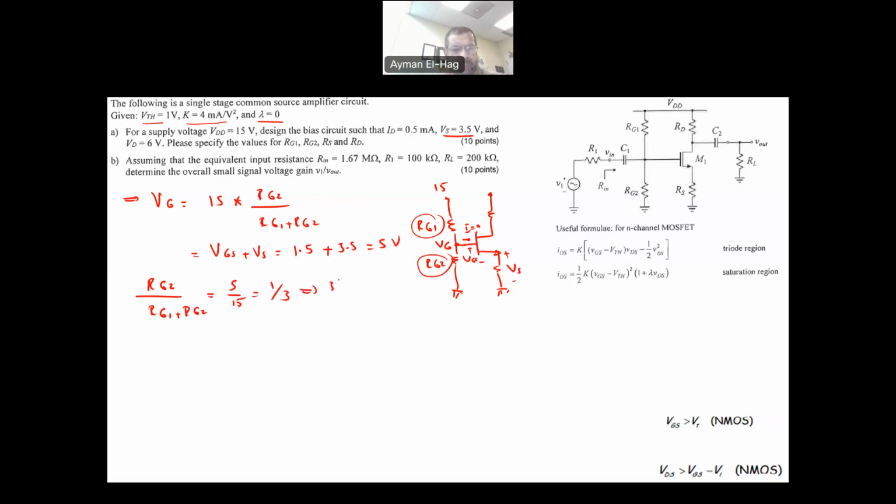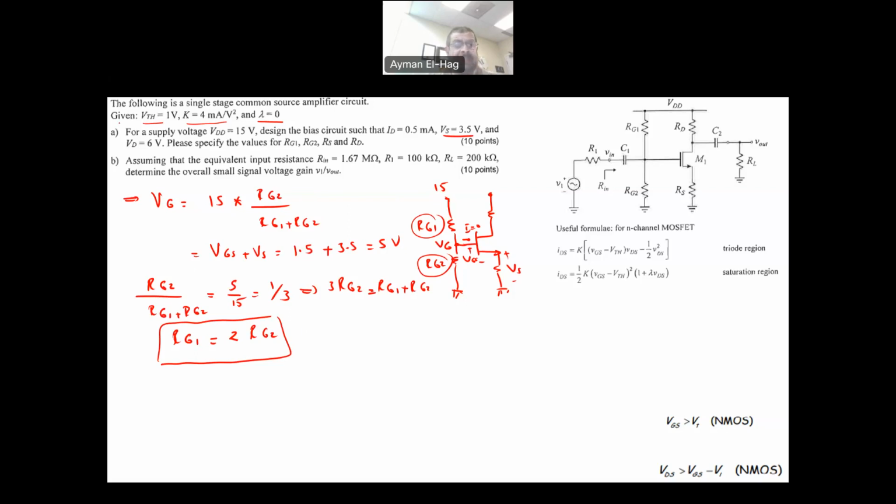So 3RG2 equals RG1 plus RG2, and from this you can say that RG1 is equal to 2RG2. So that is the criteria for RG1 and RG2.